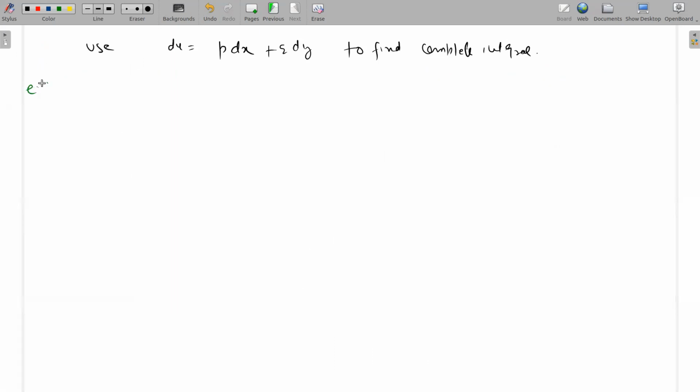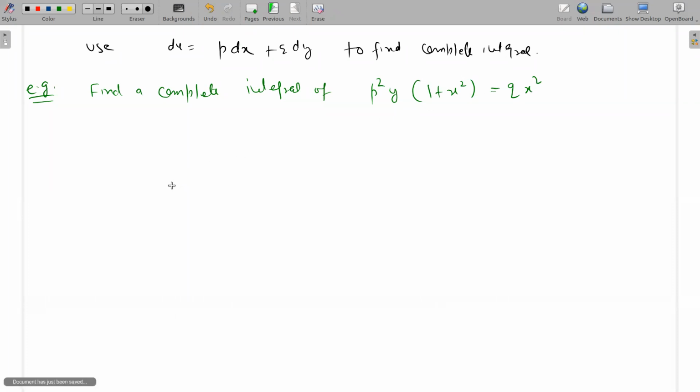For example, find a complete integral of this equation. And sometimes maybe you see in exams, people forget everything, so both are the same.